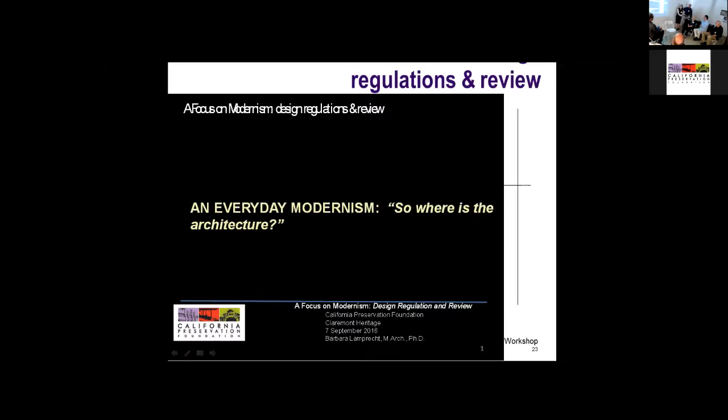So when we're looking at a piece of architecture that is not a particular purebred version of modernism, how do we go about discerning what those character defining features are? What clues do the buildings provide to us?